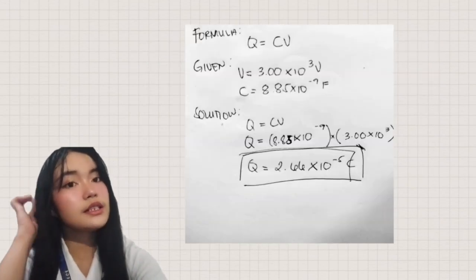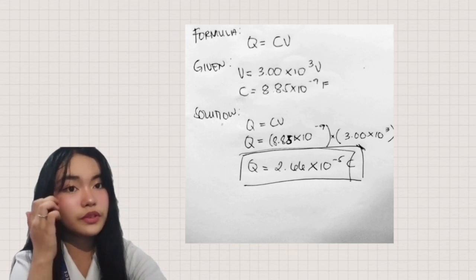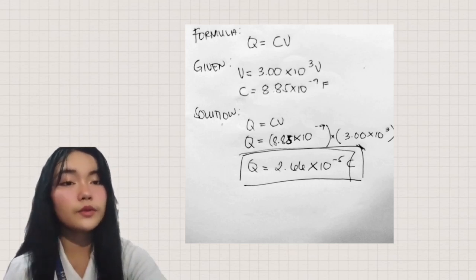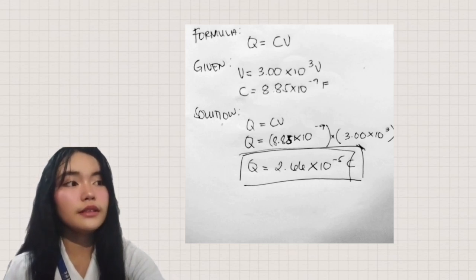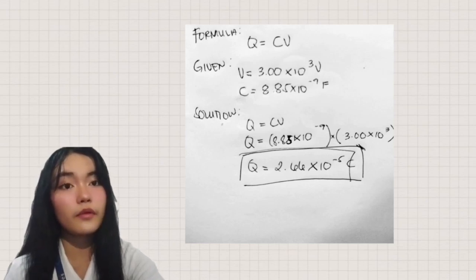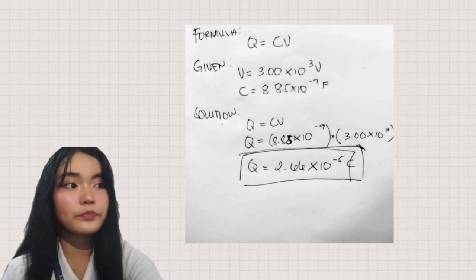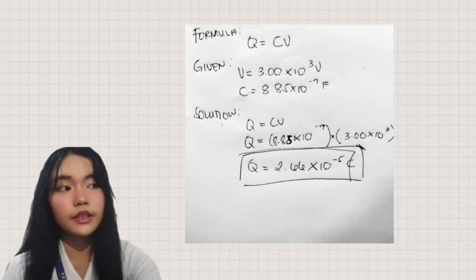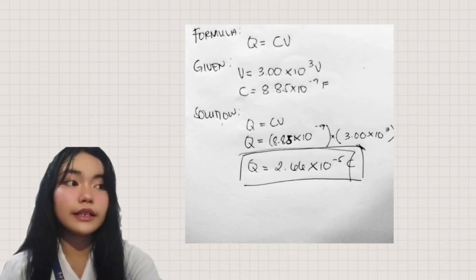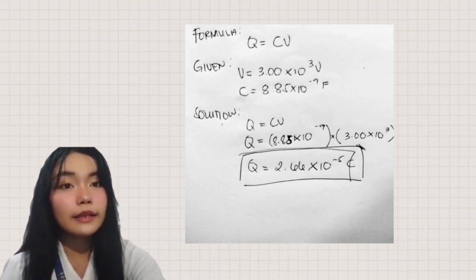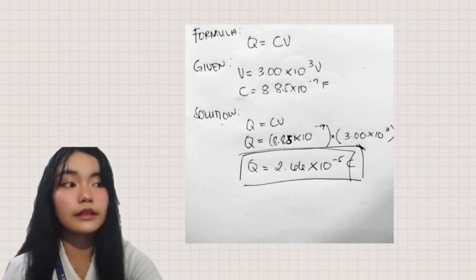In this equation, we're going to use the formula Q equals CV. The givens are V equals 3.00 times 10 raised to the power of 3 V, and C, the capacitance, is 8.85 times 10 raised to the power of negative 9 F. Now we plug in the values: Q equals 8.85 times 10 raised to the power of negative 9 F multiplied by 3.00 times 10 raised to the power of 3 V.